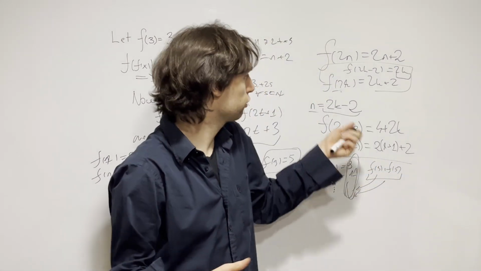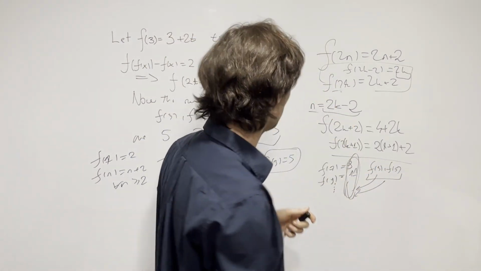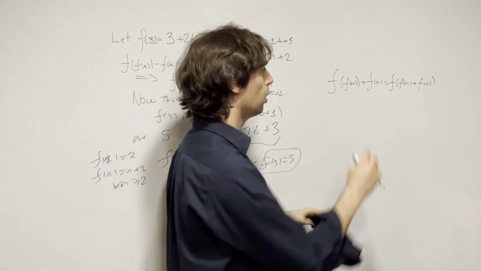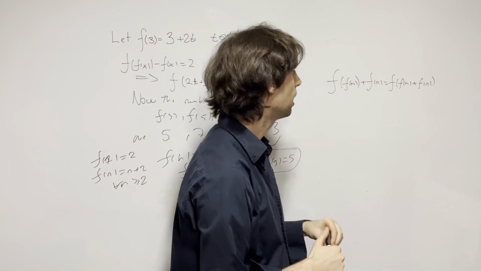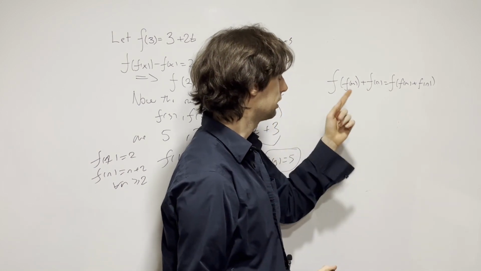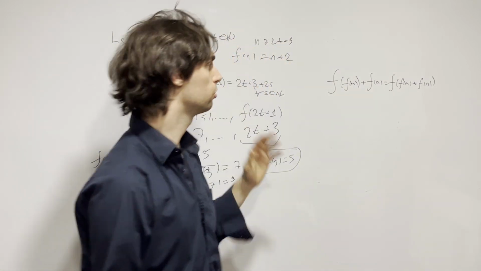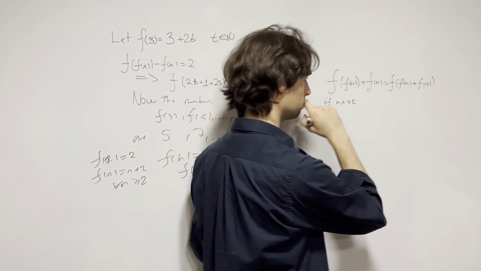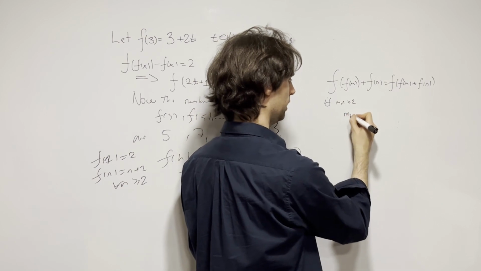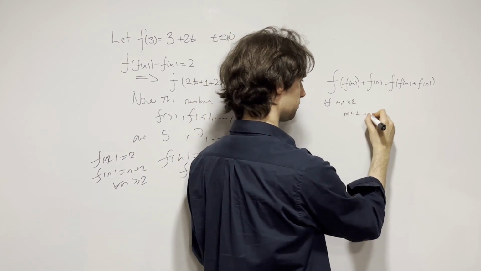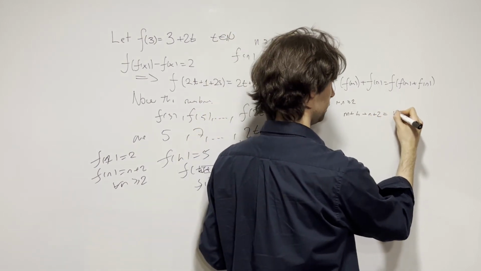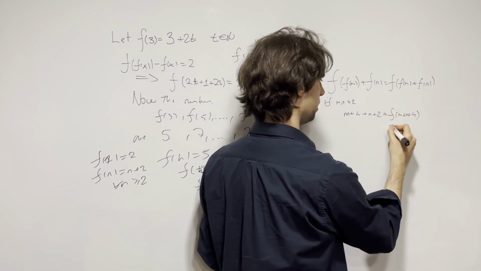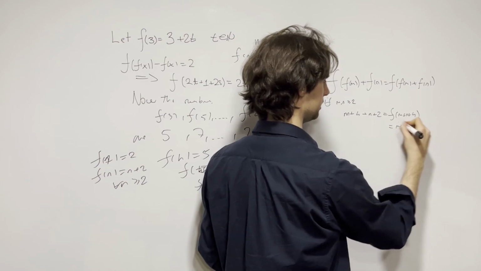And now we need to actually check this. So this is the original function. If both m and n are greater than or equal to 2, we'll have this is going to be n plus 4 plus n plus 2, which is equal to f of n plus 4, which is going to be n plus 6.